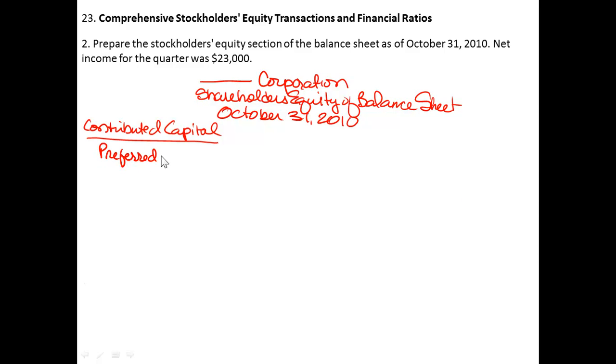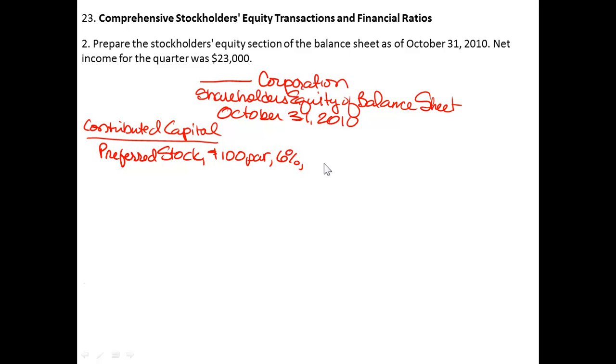We know that we have to disclose what the par value is, which is $100 par. And we also have to disclose the dividend, which is 6%.